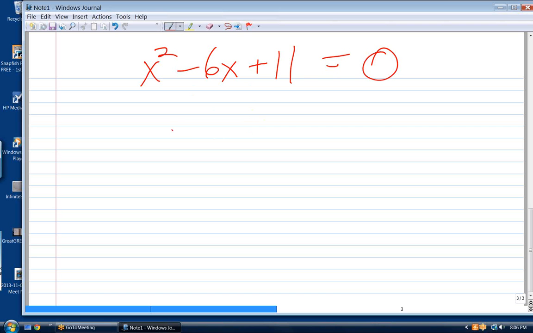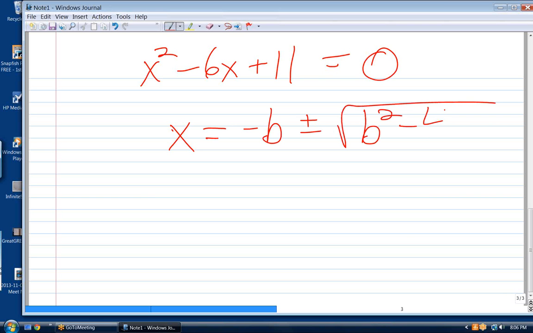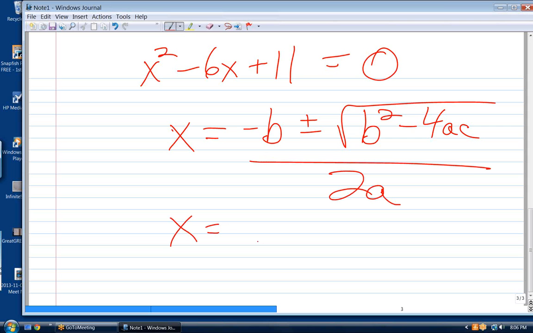Obviously it's not going to factor, so we're going to have to apply the entire quadratic formula. But either way, we have to figure out what b squared minus 4ac is. So let's plug it in.